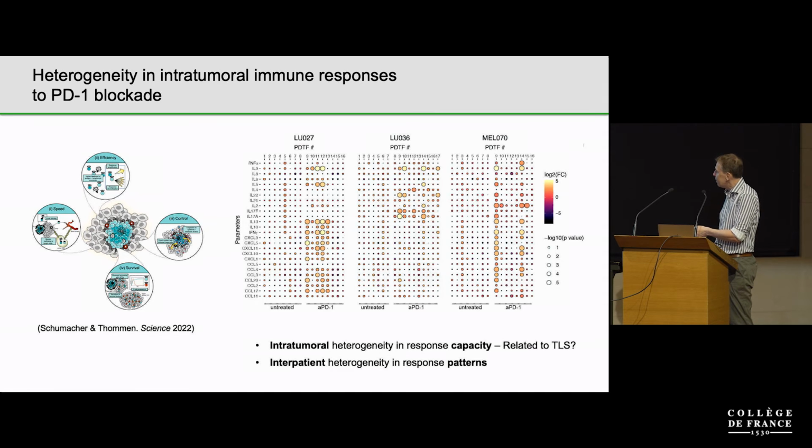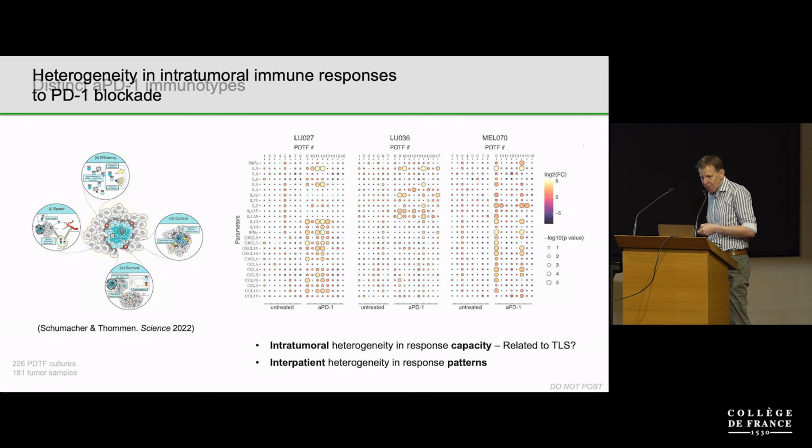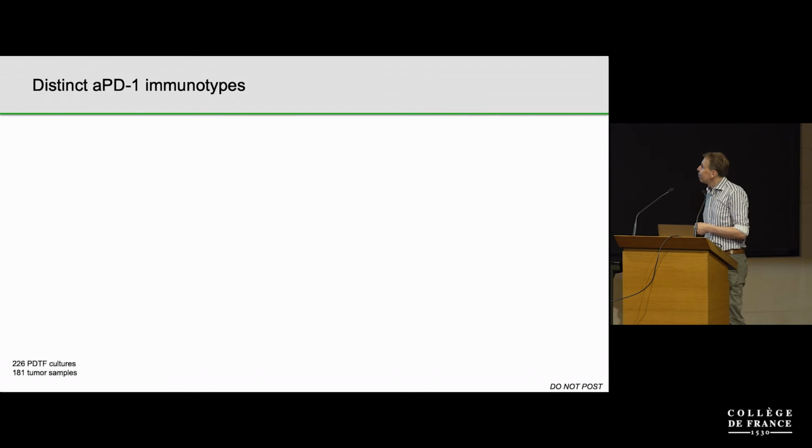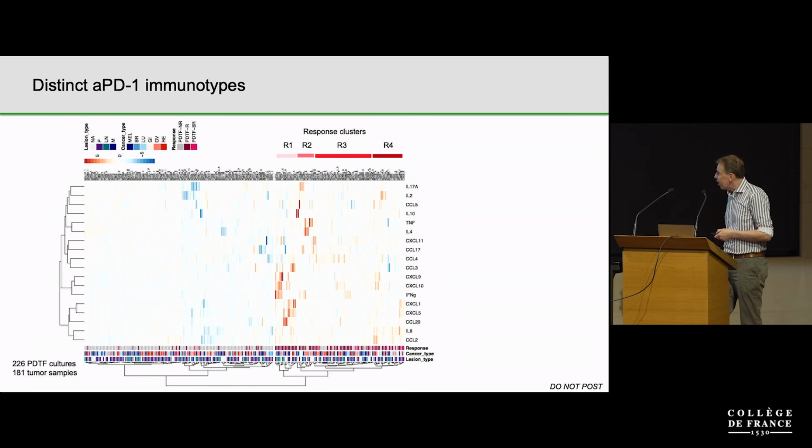I do want to continue a little bit about this interpatient heterogeneity in response patterns, where we see that tumors have a unique signature in how immune activity is altered upon PD-1 blockade. So to do that, we've now extended our data set to over 180 tumors and more than 200 cultures.